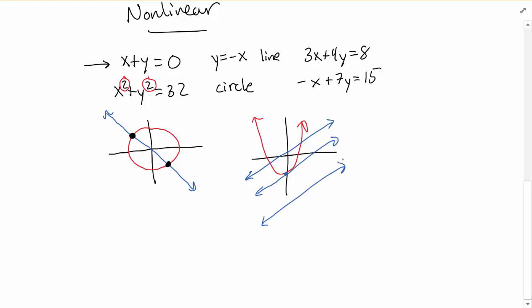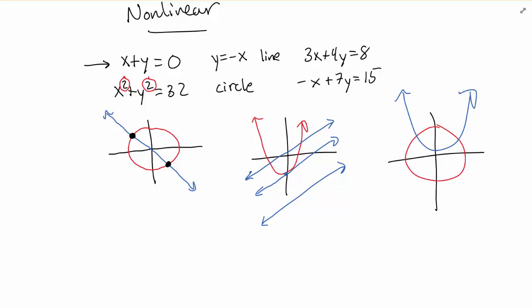And then the last one I haven't written down is parabola and circle, circle red and parabola blue. Those are the three types that we're going to talk about, and again, they are nonlinear because they have an exponent other than 1 on there, and that's what systems are in general. In the next video we'll talk a lot more about how to solve them.